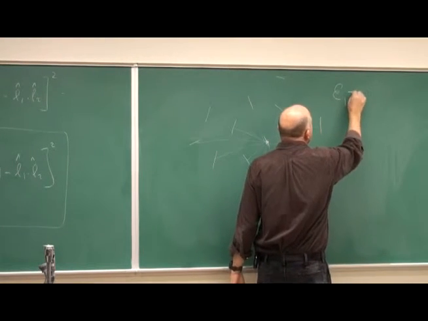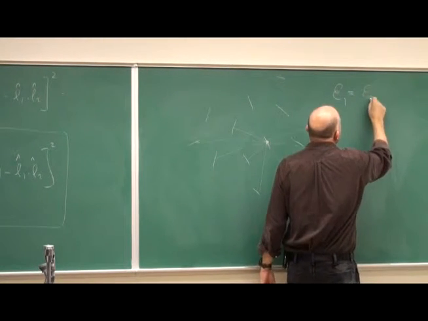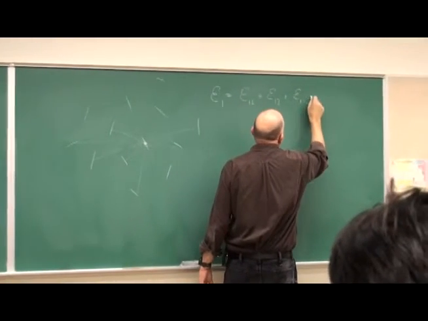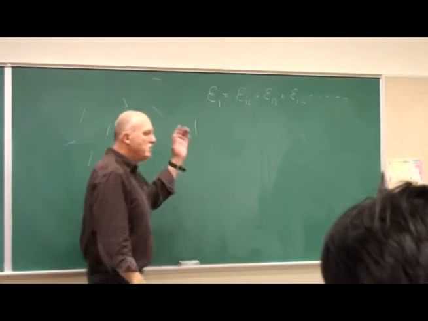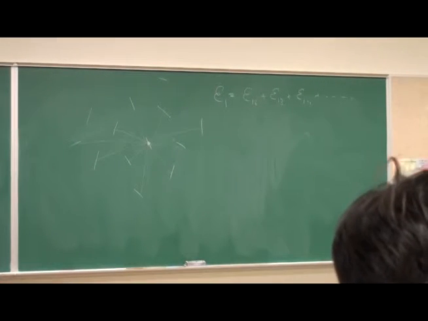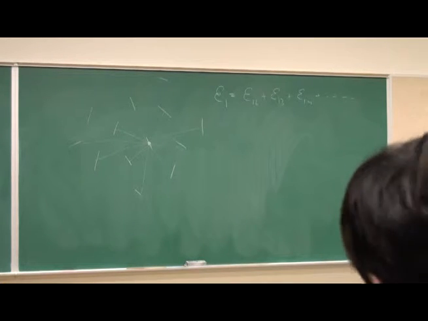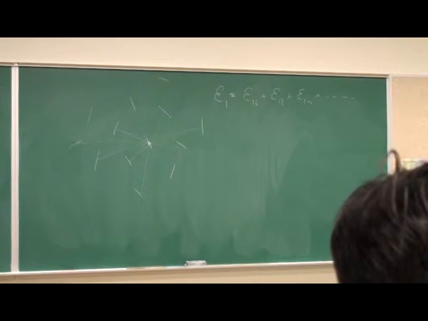The energy of particle 1 is going to be E12 plus E13 plus E14, all of these. So we're going to have to sum over these, and that's the next thing we have to do.